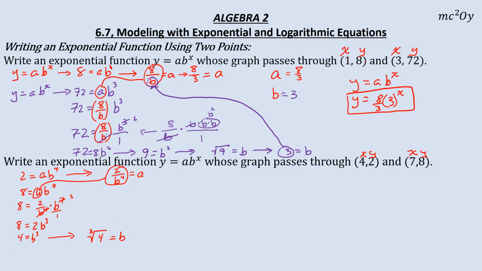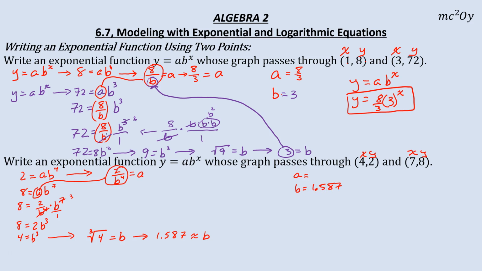Okay, and I'm going to round that off for the sake of this problem. I'm going to go to 3 decimal places, so 1.587. Okay. So that's our approximate value for b. So we need a and we need b, we have b now. b is 1.587.